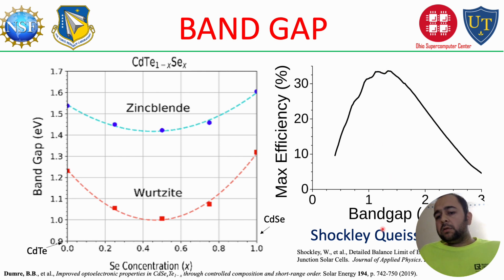There is a limit called the Shockley-Queisser limit in solar cells, which tells that if your band gap is between 1 and 1.5, you can realize a very high efficiency solar cell. So in that sense, we can say that zinc blende at nearly 40% selenium concentration can be utilized as the absorber layer in the solar cell.